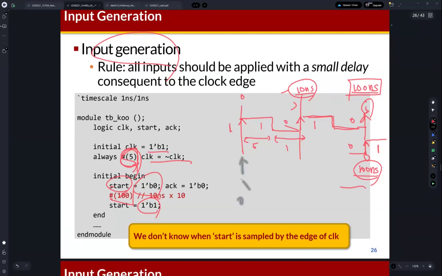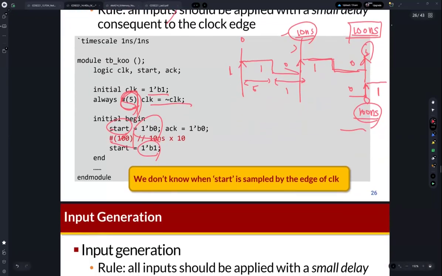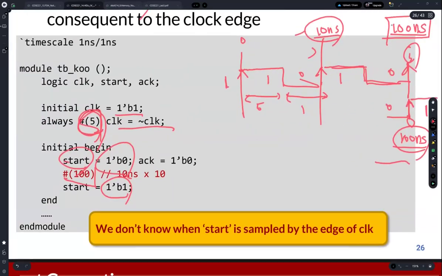Usually, I mentioned that the digital system includes D flip-flops, and we use D flip-flops for sampling signals, right? For example, this is the D flip-flop, the clock, and this is the start.